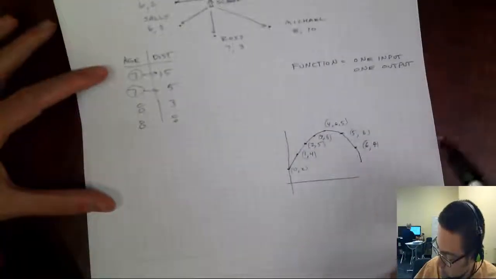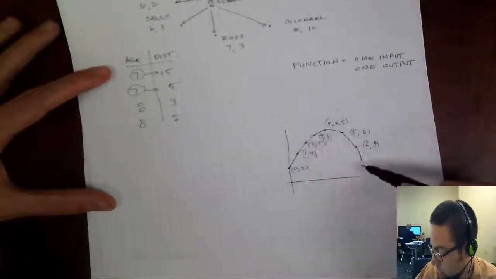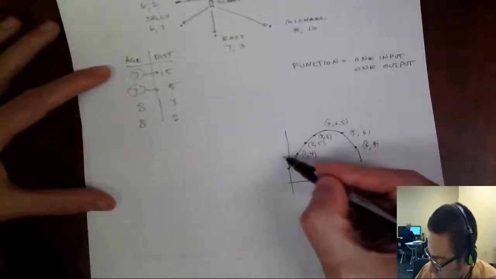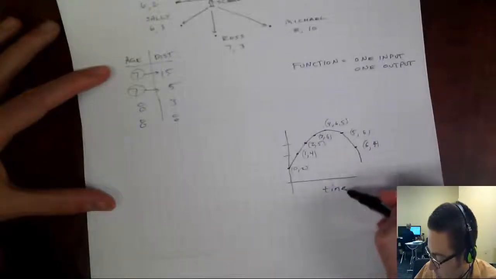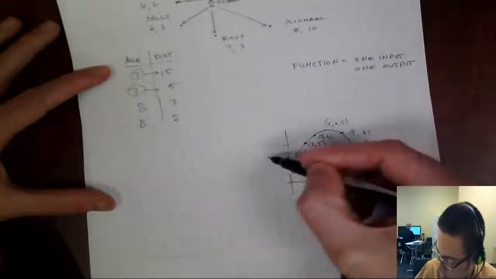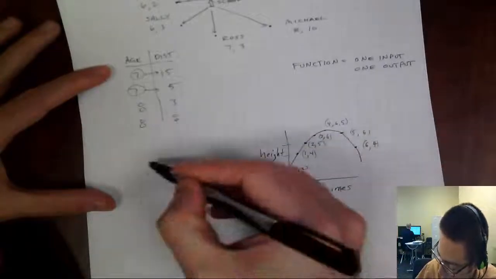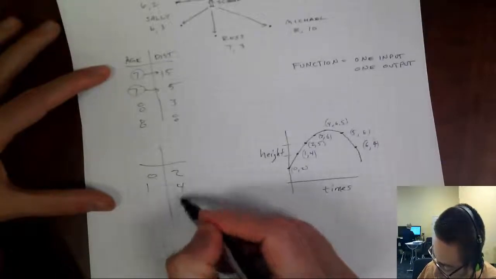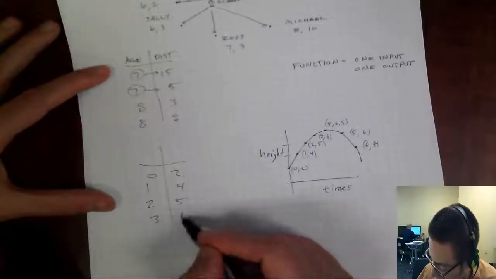Okay, another example. Say throwing a ball in the air, right? And it follows a path, and there's a certain height at a different time, right? So this is the different times, and this is the height. So here the chart would look like, let's see, 0, 2, 1, 4, 2, 5, 6, and who knows if this is accurate.